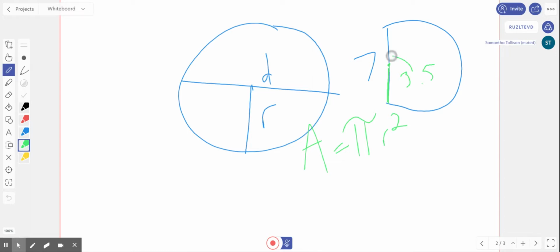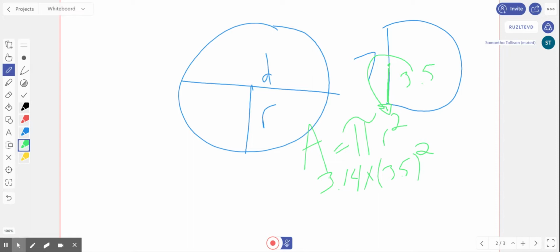So now all I do is I plug in that value for r. So again, we had 3.14 times 3.5 squared. Remember, squaring a number just means that we are multiplying it by itself. That 2 is the exponent.